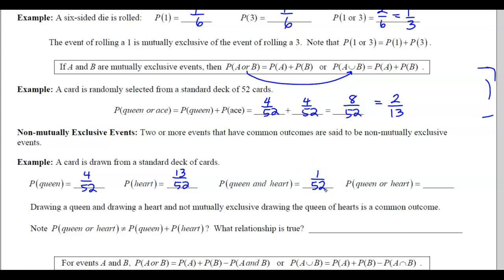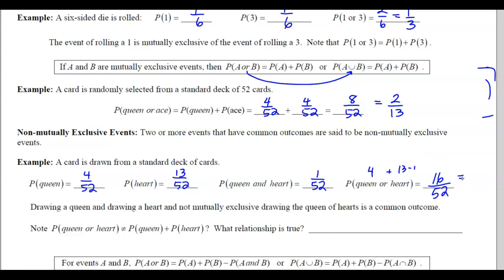Probability of a queen or a heart, well, let's think about that. Queens, there's 4. Hearts, there's 13. But one of them is the queen of hearts, so I've already counted it. So this is 4 plus 13 minus 1. It's really 16 out of 52.